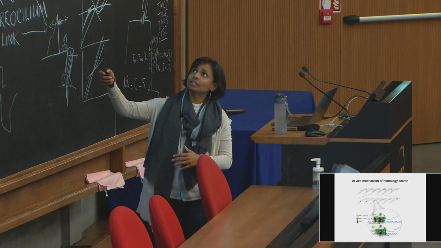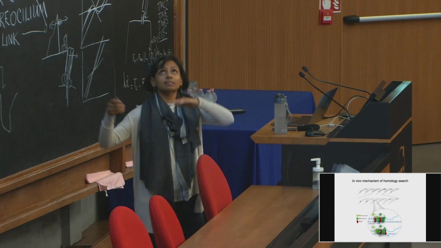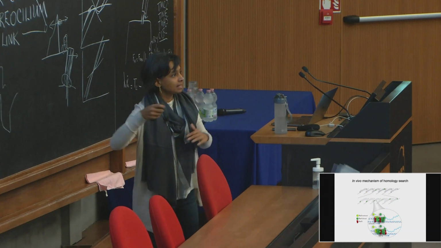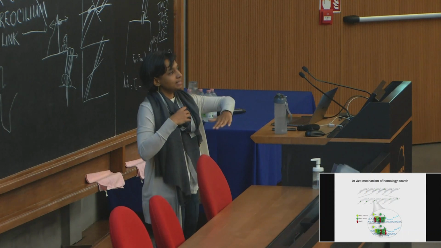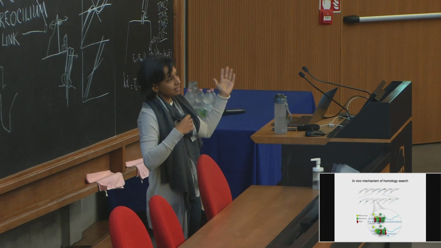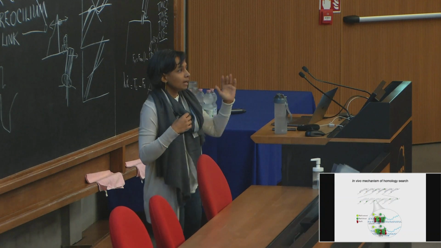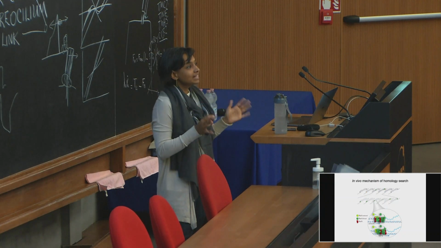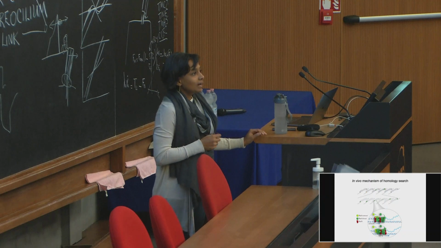And that's why we see it turn around and come back also. Now, once it actually finds the break site, our guess is that the stable base pairing happens and then RecA dissociates. But what really is the molecular detail of it, we don't know as yet.